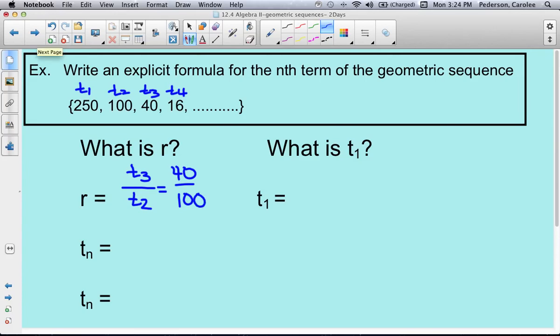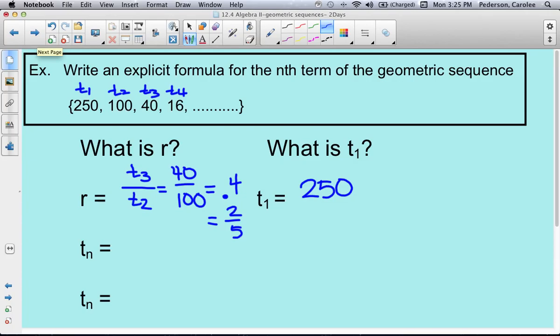So 40 divided by 100 can be written as a fraction or as a decimal. Either way, it doesn't matter. So if you wanted it as a fraction, then it would be 2/5. As a decimal, it would be 0.4. The other thing we need to know in the explicit formula is what is term 1, which is 250.